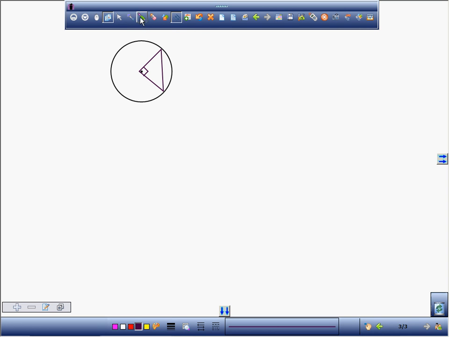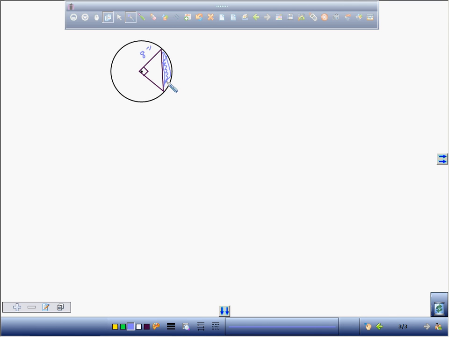And let's say that this is 8 inches right there, that radius. And believe it or not, that's enough information to find the area of this sector or segment right there.